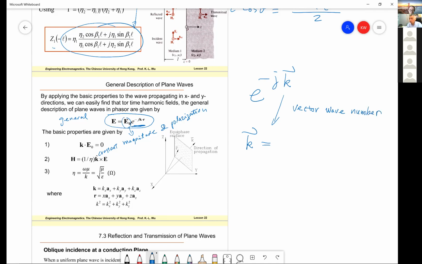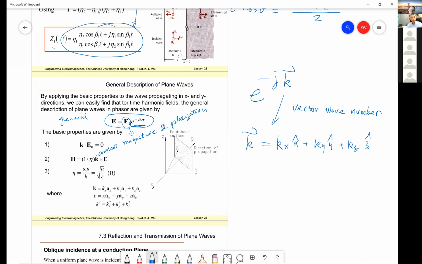Vector wave number. Because it's a vector, I can decompose it into three perpendicular unit vectors. If I still choose X, Y, Z, then there is the projection on the X-axis, the Y-axis, and the Z-axis.